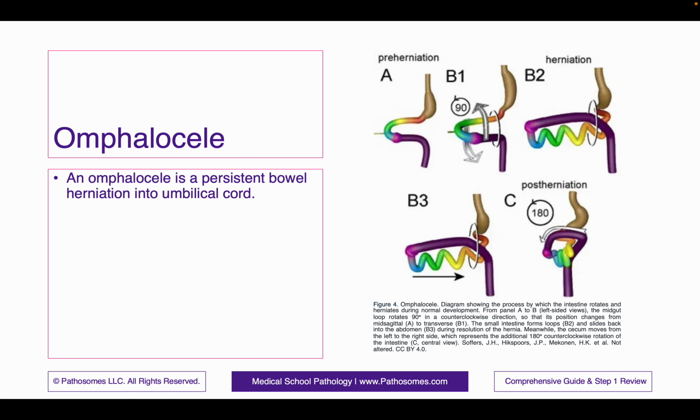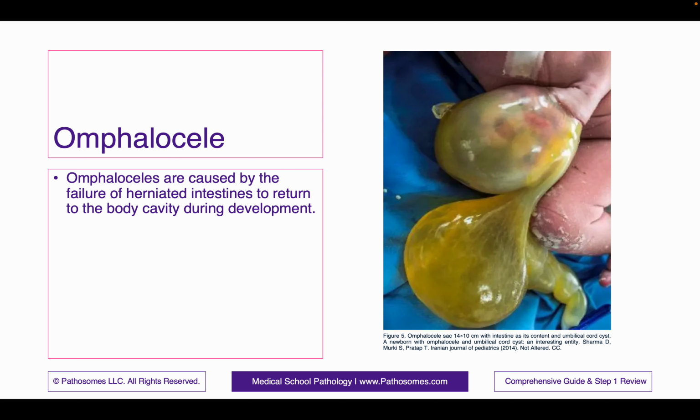Now let's talk about an omphalocele. What is that? Well, an omphalocele is a persistent bowel herniation into the umbilical cord, okay? To the right, you can see how that happens. But this is what it looks like in real life.